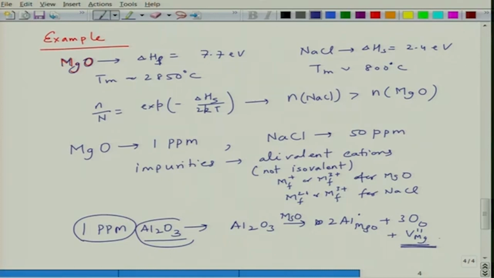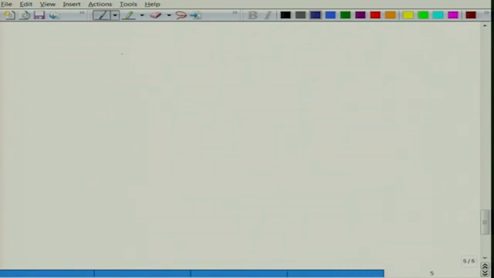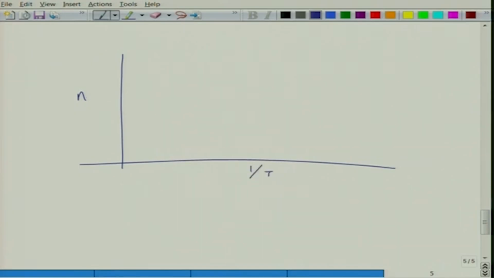This 1 ppm is a very large number; it is 10 to the power minus 6. So, basically we are saying n by N is equal to 10 to the power minus 6. When you plot the impurity concentration as a function of temperature, we will have to plot in this fashion. Let us say this is log of n.